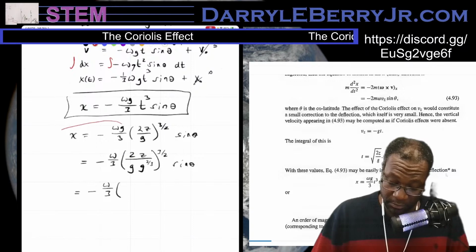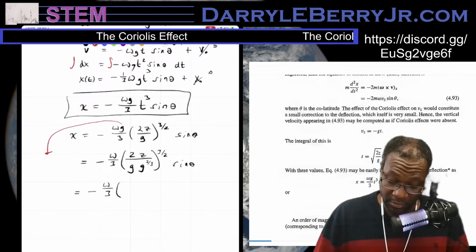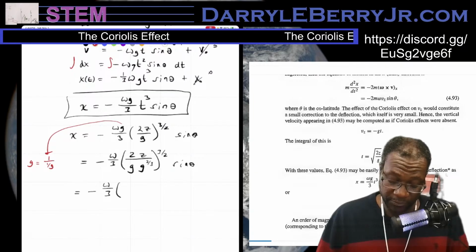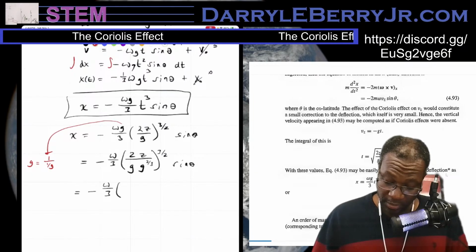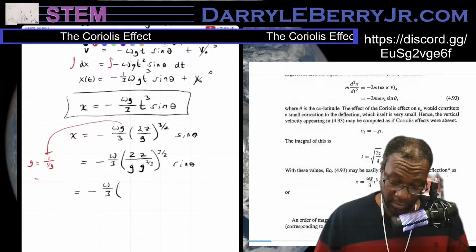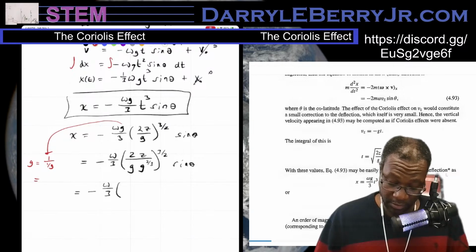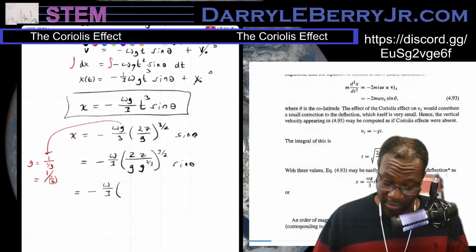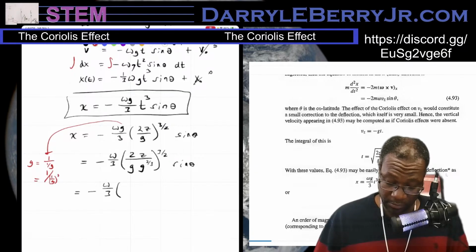Let me write this separately. So g equals 1 over g, and this equals 1 over g, 2/3.